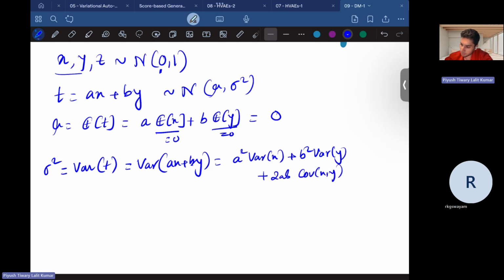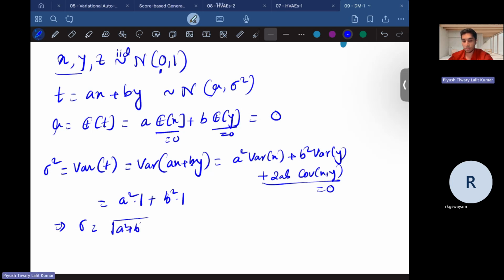But x and y here are IID, I didn't mention it, so the covariance term is 0. The variance of x is just 1, so a square times 1 plus b square times 1. This implies that sigma is nothing but square root of a square plus b square.